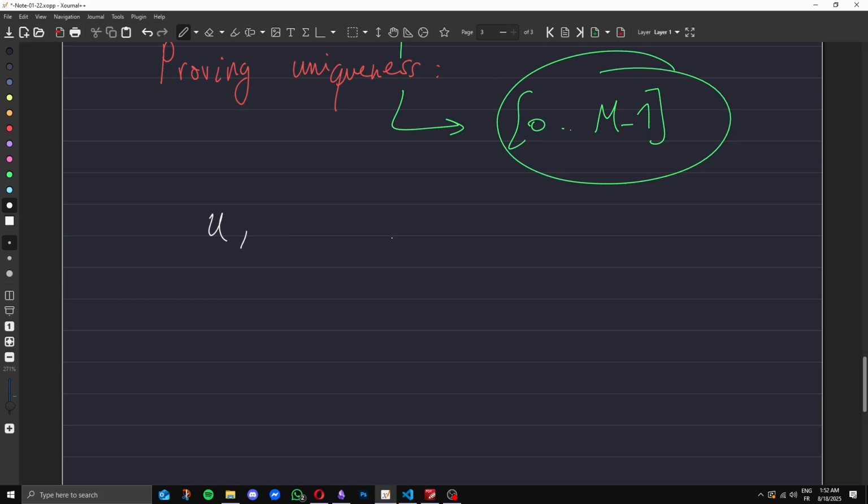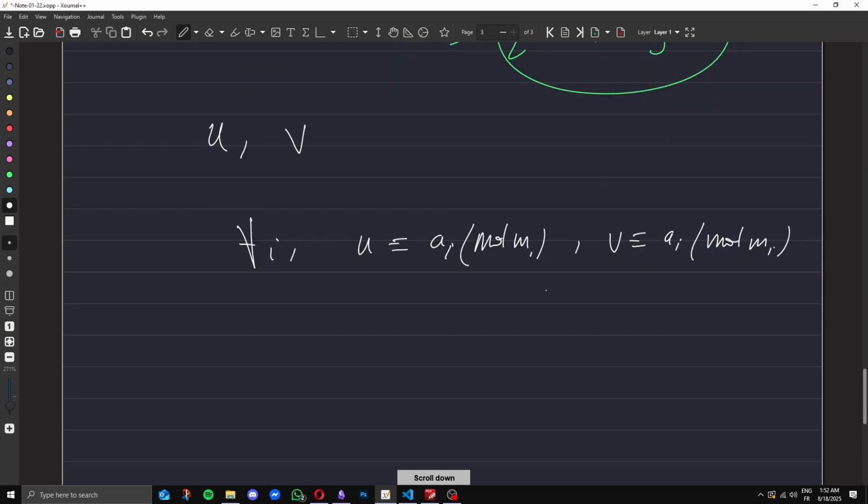Let's call them u and v. This means that for every i, we have u congruent to ai modulo mi and v congruent to ai modulo mi. Right? This means they have the same remainder.